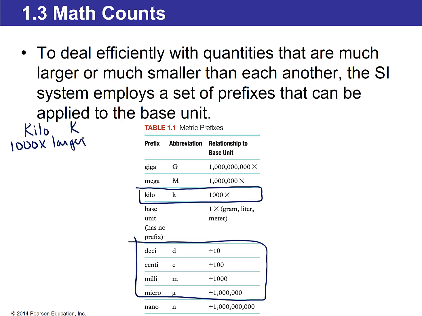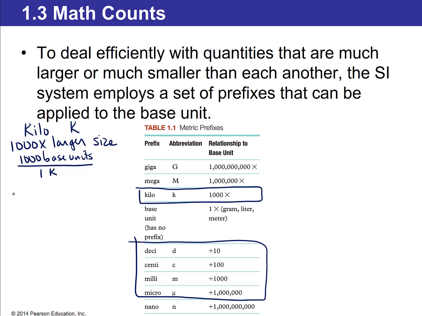So it takes 1,000 base units to make 1 kilo. So 1,000 base units is 1 kilo of anything. But this is nice because you can use this for mass, for length, and for volume.